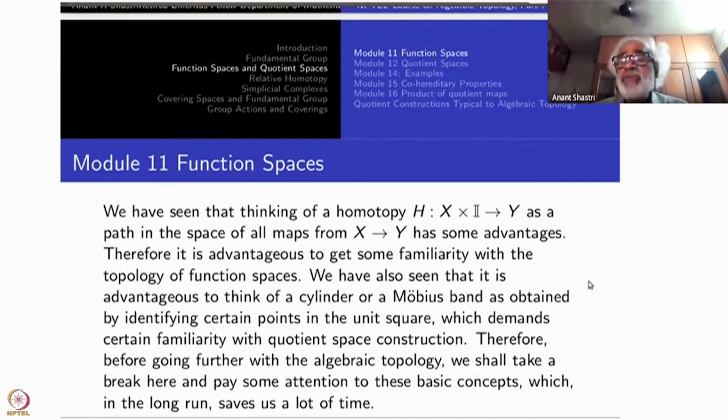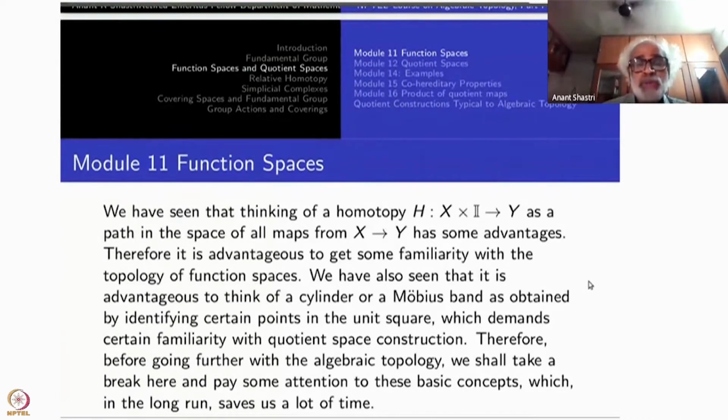That is why the study of function spaces. The one which is most useful in algebraic topology is called compact open topology. So today I would like to introduce you to that aspect.